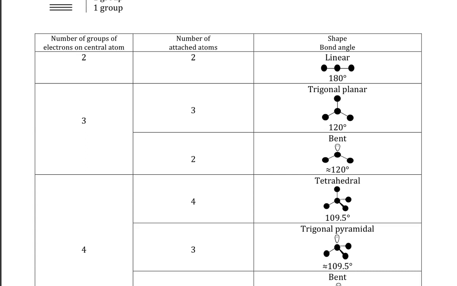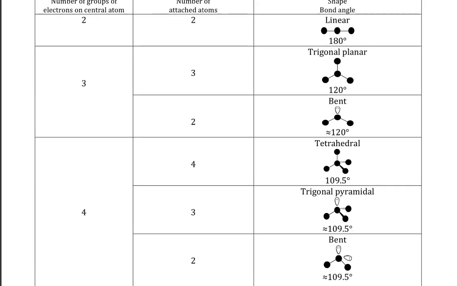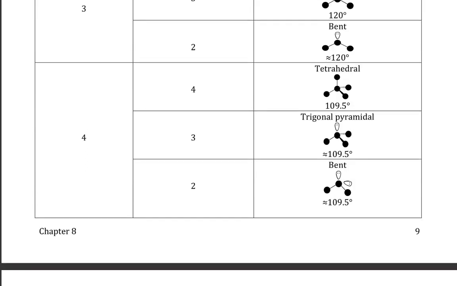It turns out it's a little less than 120 because the lone pair of electrons has more space. It kind of moves around more than bonded electrons that are stuck more between the 2 nuclei. So it squeezes down the bond angle a little bit. Okay, so that takes care of 3 groups of electrons on the central atom.